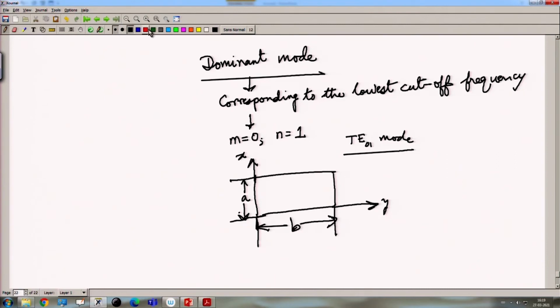So, the electric field will only have an Ex component, and the magnetic field will only have Hy and Hz components.